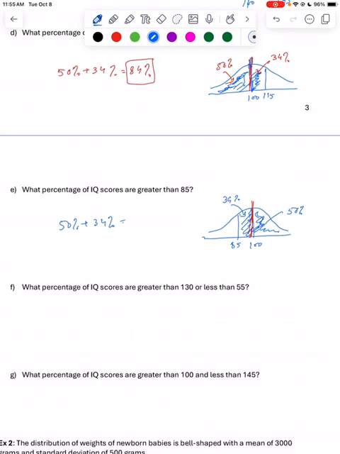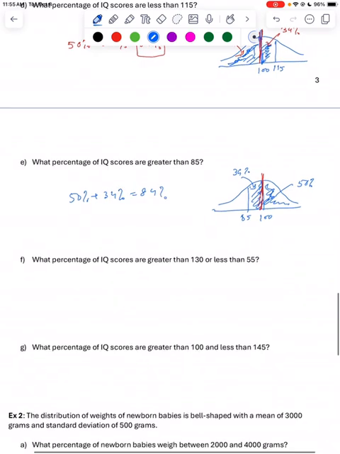Okay, next is what percentage of IQ scores are greater than 130 or, so this is important, or less than 55. So when you draw your picture, let me draw this middle line with the red. This is the middle line. So we are saying greater than 130. 130 comes here at mu plus 2 sigma.